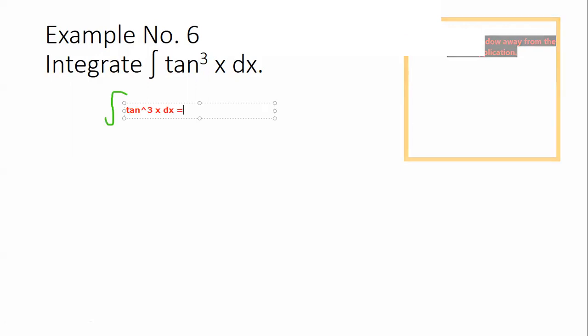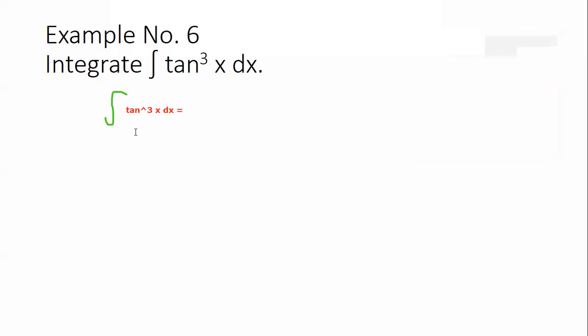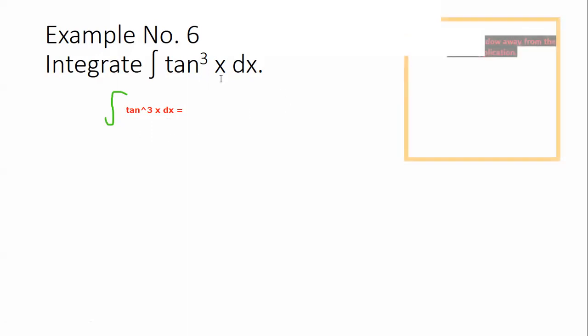We're going to expand this to simplify our integral. Based on the product rule of exponents, this will be tangent squared x times tangent x.